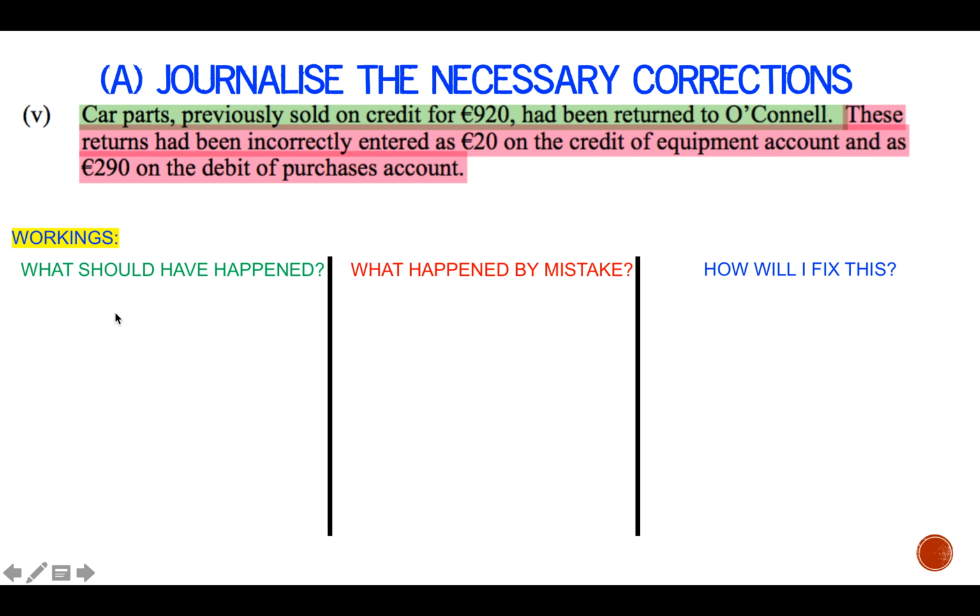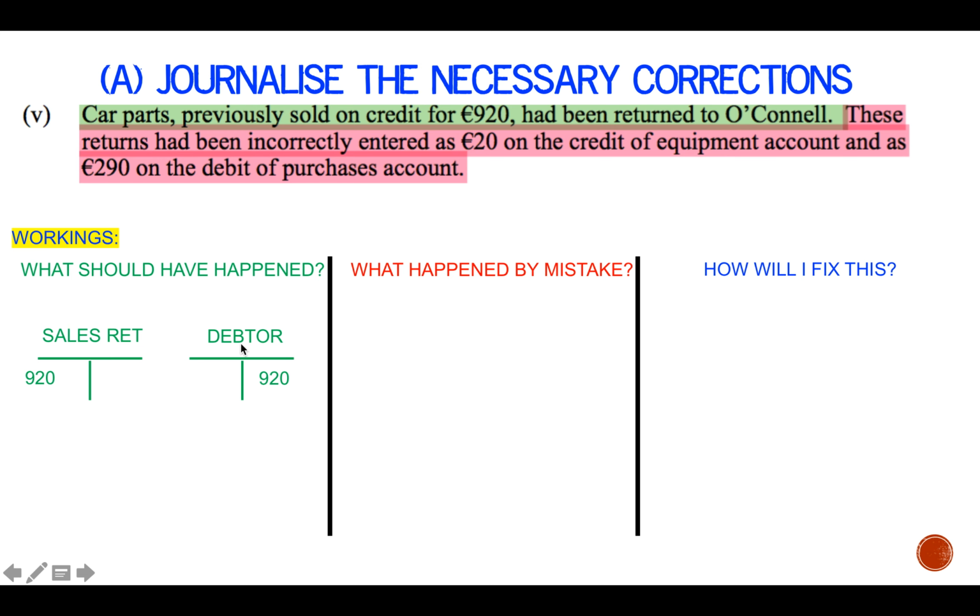So what should have happened there? Okay, so sales returns. Sales is a revenue account. We credit the revenue, but when returns come back to us, that we had previously sold, that is the debit side. So €920 sales returns on the debit side.